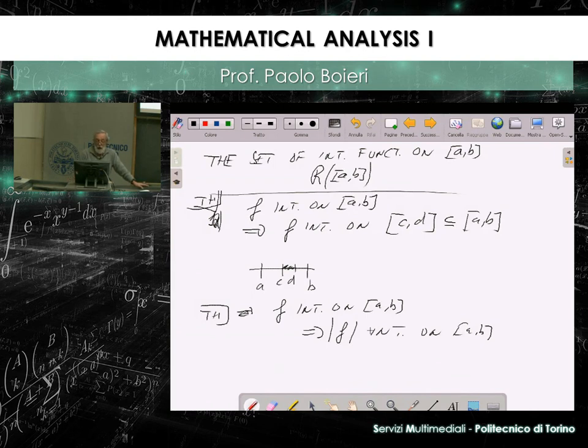That clear? That theorem. What is interesting to observe is that the opposite is not true. Okay? The integrability of the absolute value does not imply the integrability of the function.